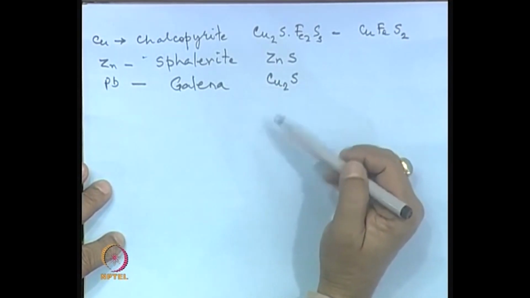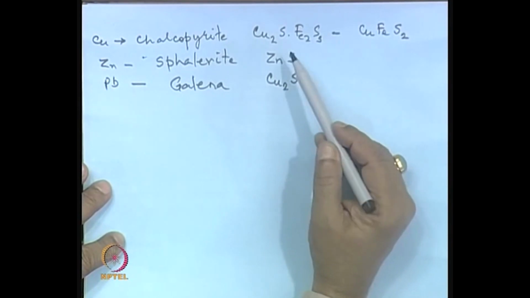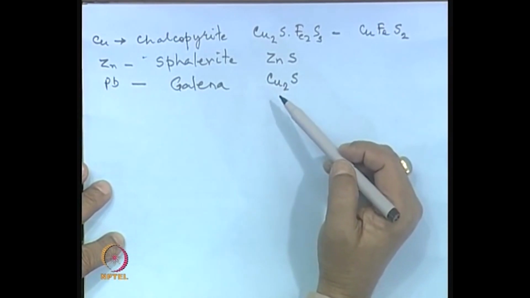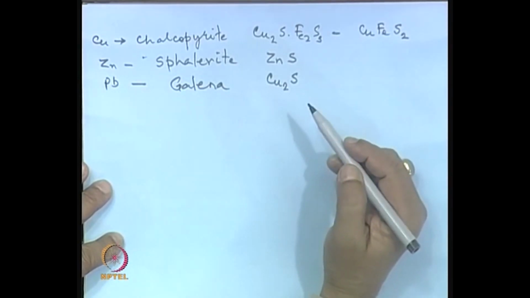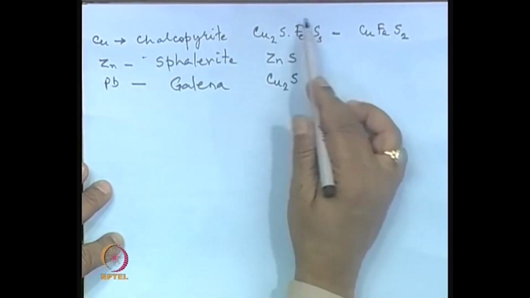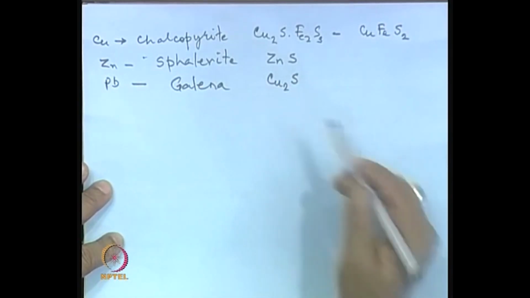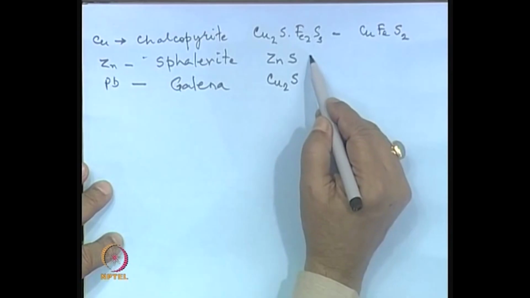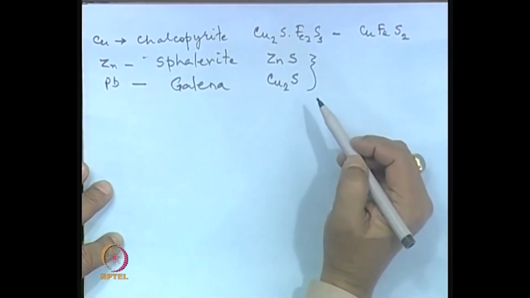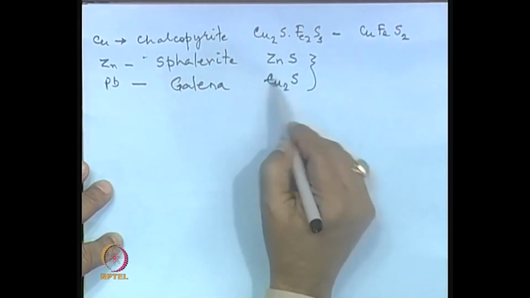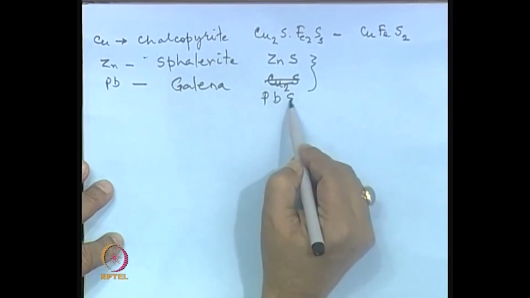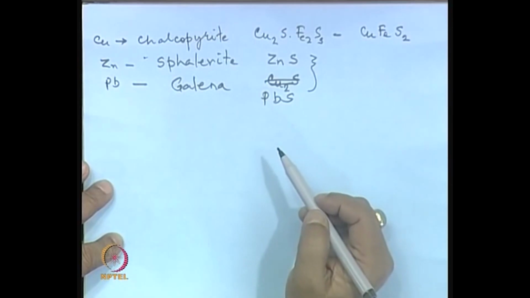You can have a sulfide deposit with a bit of this and this, or all three of these. There are some which you call mixed sulfides, where all three are very much there together along with many other things. But generally we find that zinc sulfide and lead sulfide, PbS, often go together.